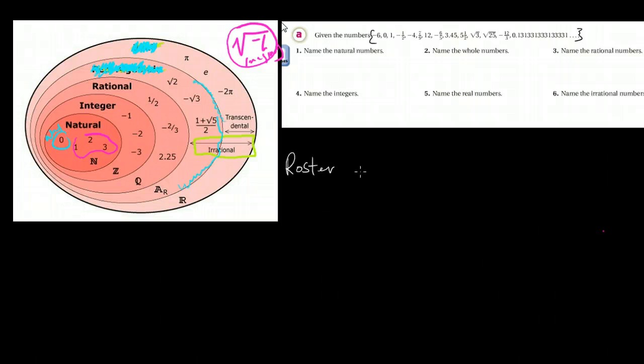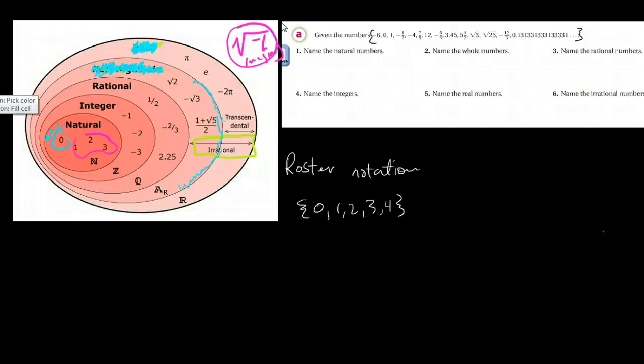Roster notation occurs when you have a set of anything really inside squiggly brackets, right? So here is my set of numbers, and when I put it in squiggly brackets and separate each member with a comma, what I'm talking about here is a roster notation.